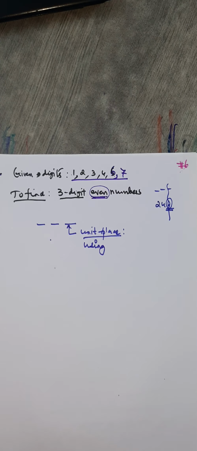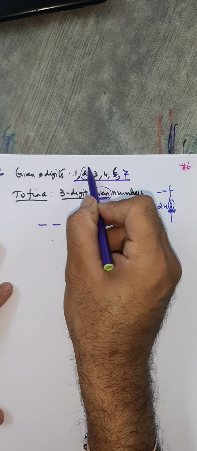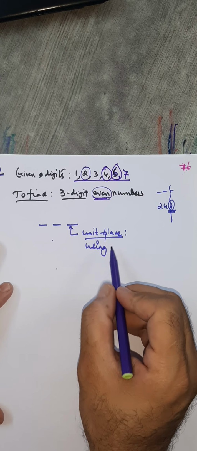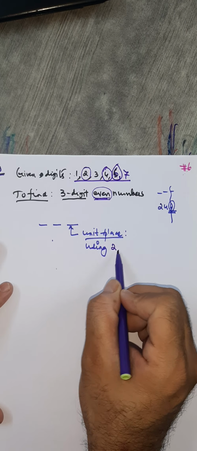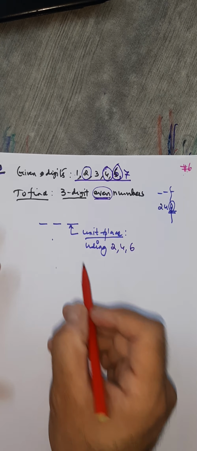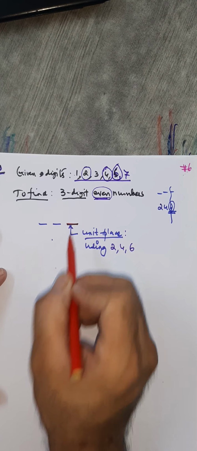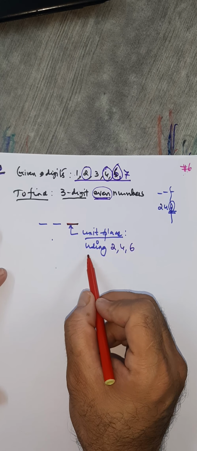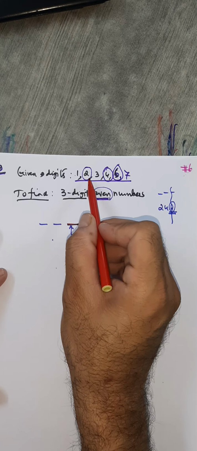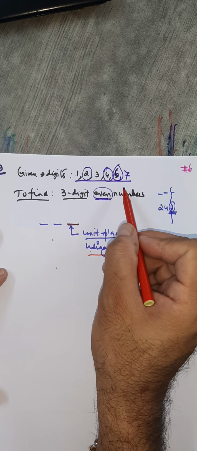Now what are the even numbers in the given digits? In the given digits even numbers are 2, 4 and 6. That means this unit place should be filled up using 2, 4 and 6, remember. Then and then the number is even, otherwise it would not be even, remember.